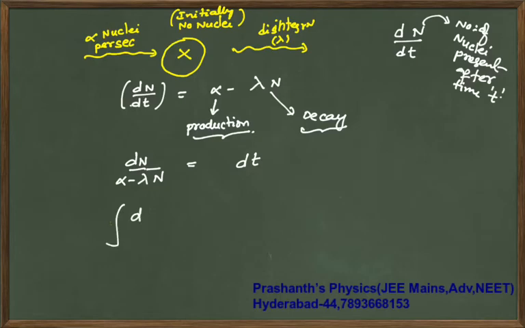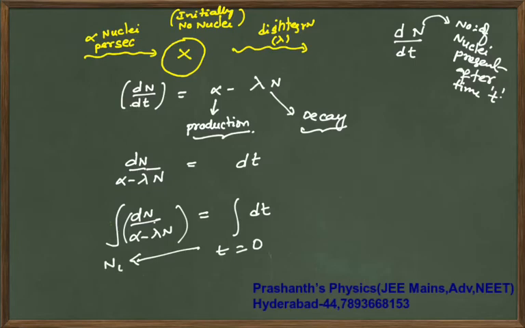Integrating on both sides, integral of dN by (alpha minus lambda N) is equal to integral of dt. At t equal to 0, in most questions N will be 0, or else you have to substitute the initial number of nuclei. In this case it is 0.